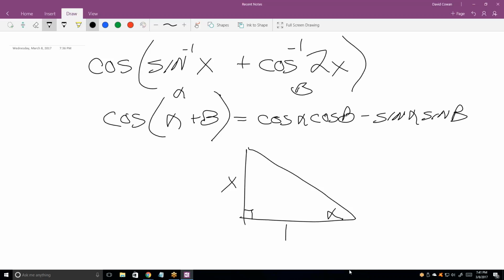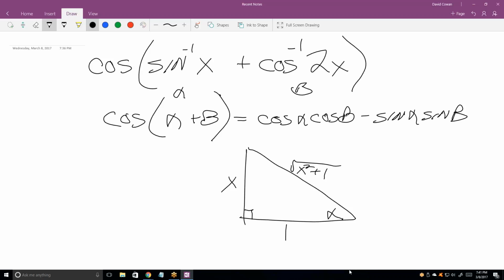X squared plus 1. Or 1 plus x squared. Square root of x plus 1. Remember, always start your answers out with square root of. Even if it turns into a number, always remember to start your answer out with square root of, whenever you're solving for any side in a right triangle.